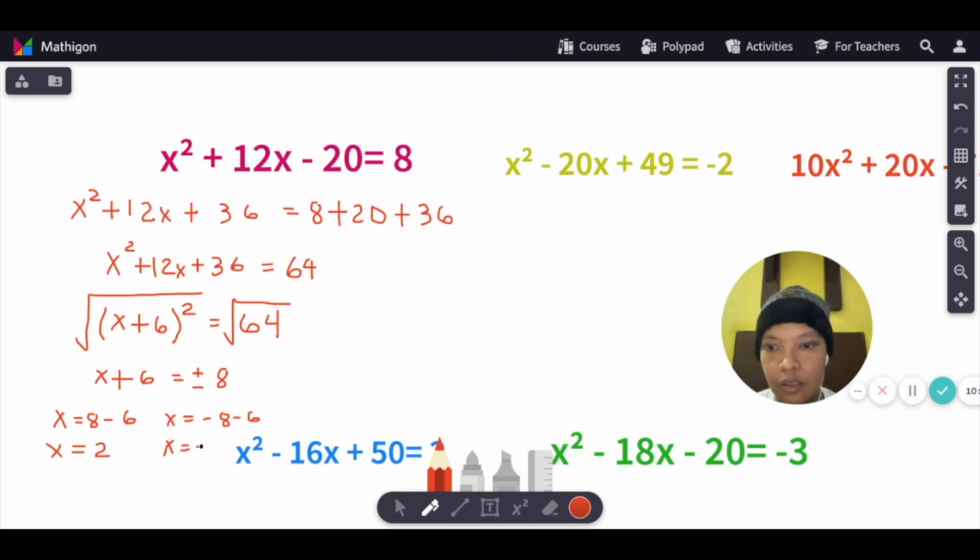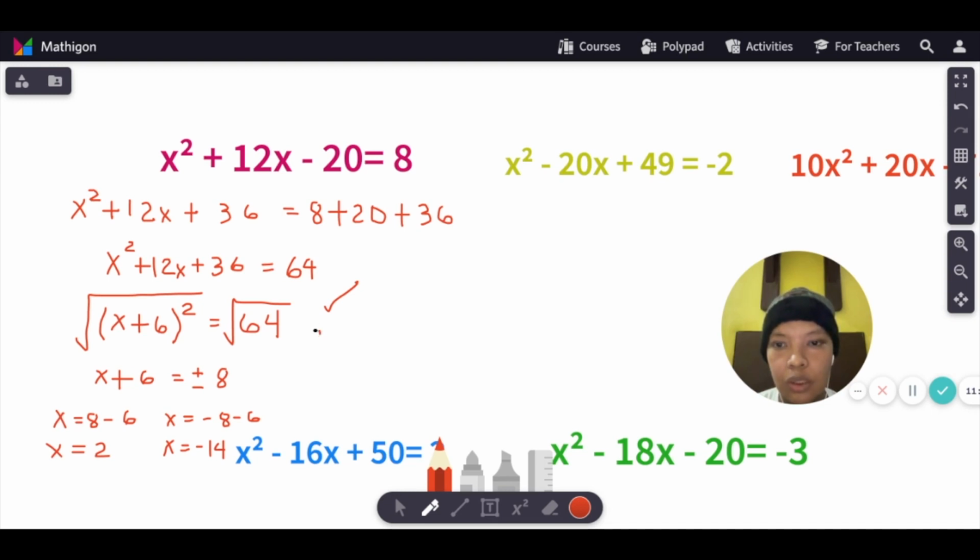Okay, so, pag nag-check po kayo, pwede nyo gamitin yung mas mababa para madali po. So, 4 plus 12 times 2 is 24, 28. So, minus 20 is 8 is equal to 8. So, tama po tayo. Sa checking po, pwede kayong mag-check. Substitute nyo lang doon.